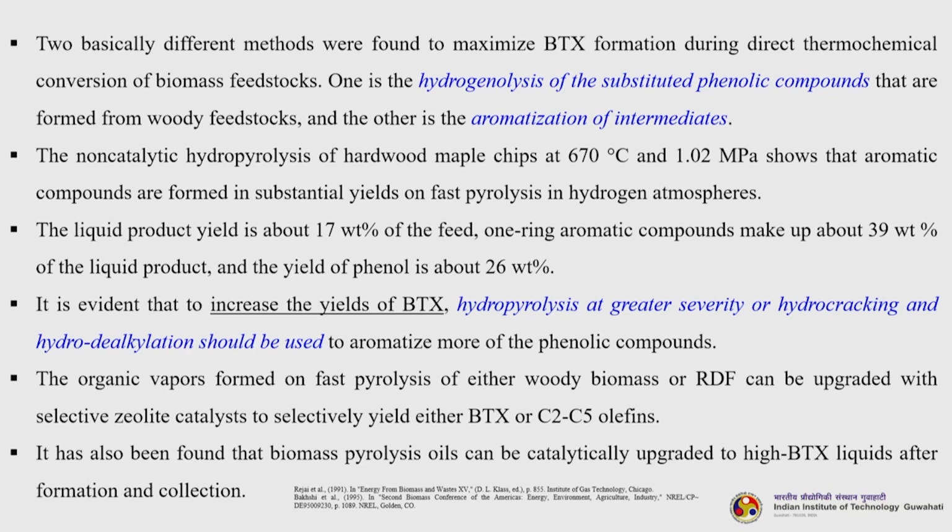The organic vapors formed on first pyrolysis of either woody biomass or RDF can be upgraded with selective zeolite catalyst to selectively yield either BTX or C2 to C5 olefins. It has also been found that biomass pyrolysis oils can be catalytically upgraded to high BTX liquids after formation and collection.